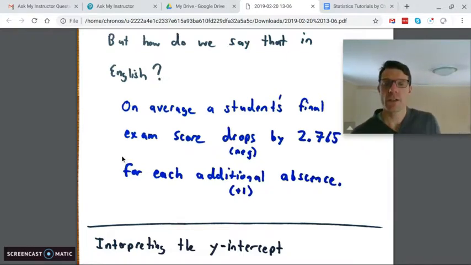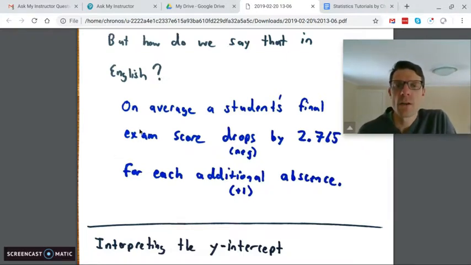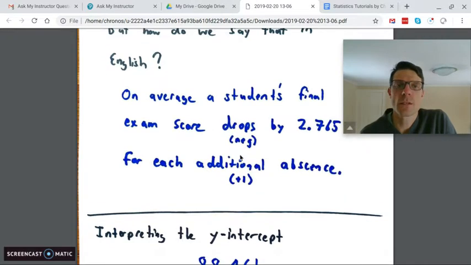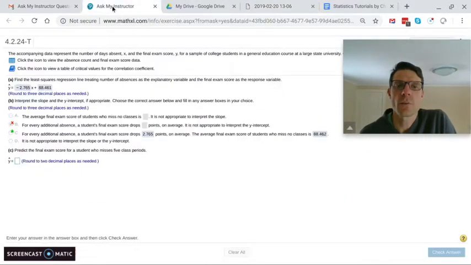But on average, for the data as a whole, the student's final exam score drops by 2.765 for each additional absence. So we go back to the question, and that's this right here. For every additional absence, the student's final exam drops 2.765 points on average.